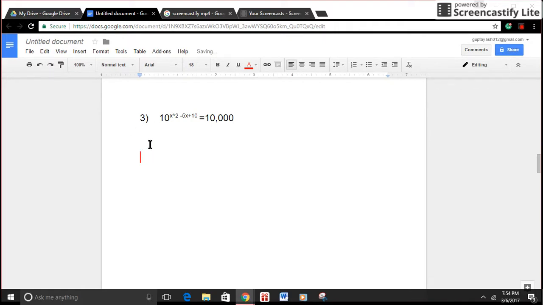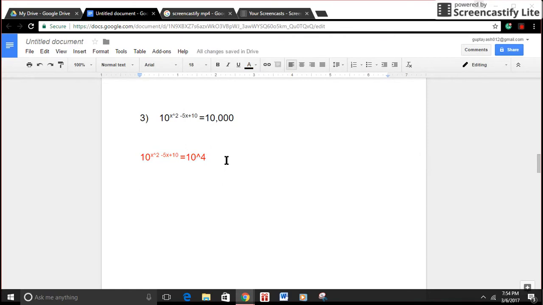Let me copy this whole thing right now. Control C, Control V, and that's for font, by the way. Let me clear formatting. It is equal to 10 to the 4th. Let me make all this red, bigger font because it's easier to see.